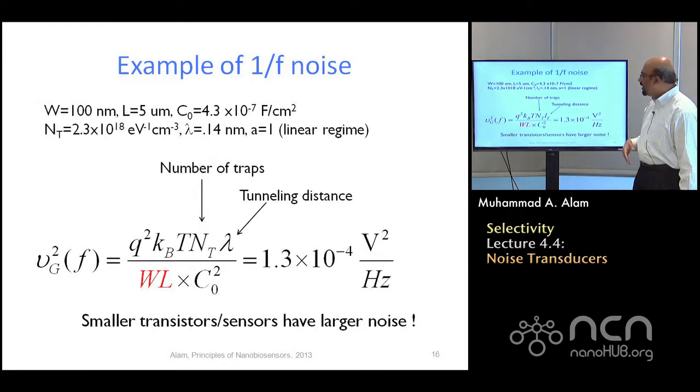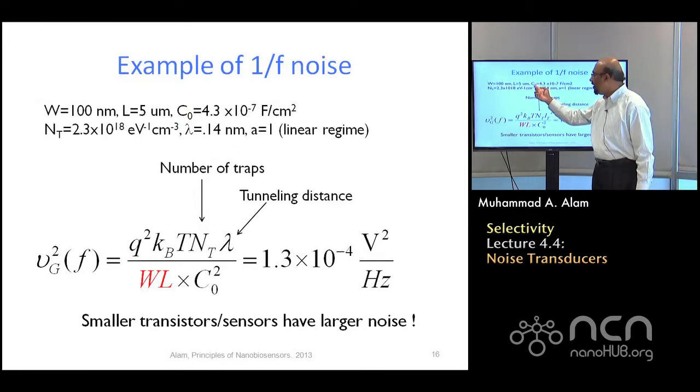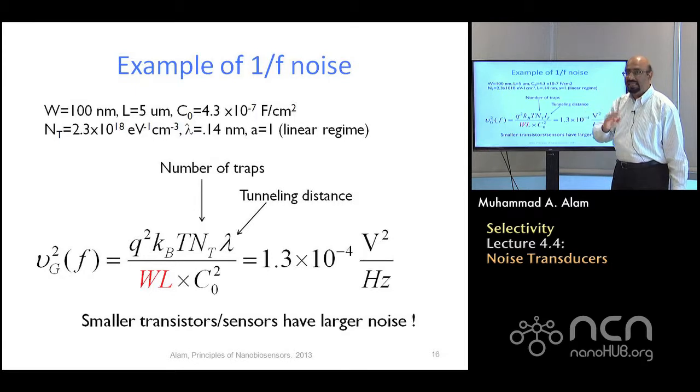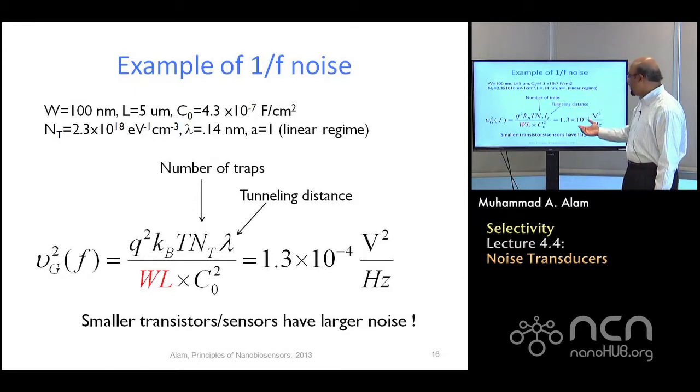You can easily calculate these numbers. For example, if you have an oxide capacitance of a certain amount, defect density, the tunneling length into the oxide, you can put these numbers in and you can easily calculate that the noise can indeed be significant.